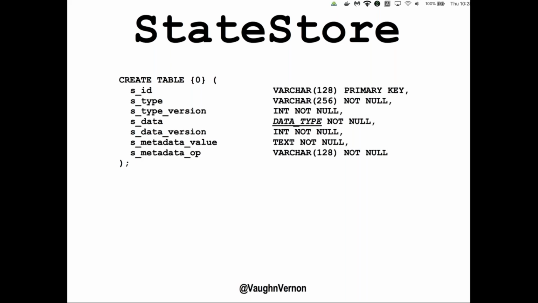The metadata op is important here because this is the operation that caused this state to be persisted into this particular StateStore table, and the operation can be used as metadata to know how to project the full data state into a CQRS query model or read model.